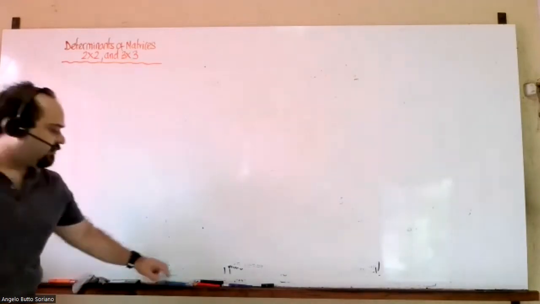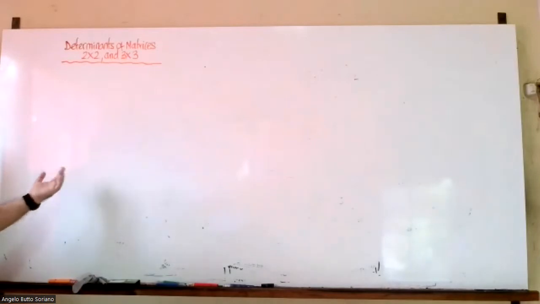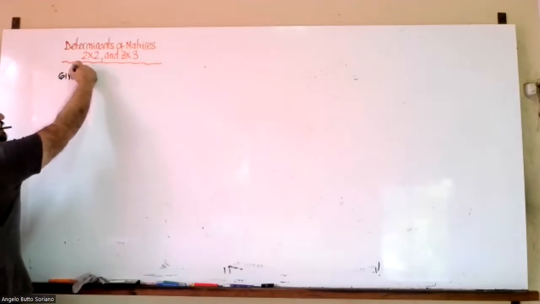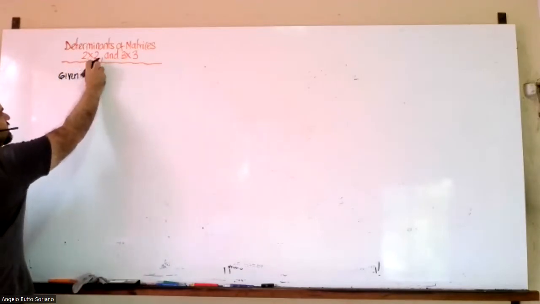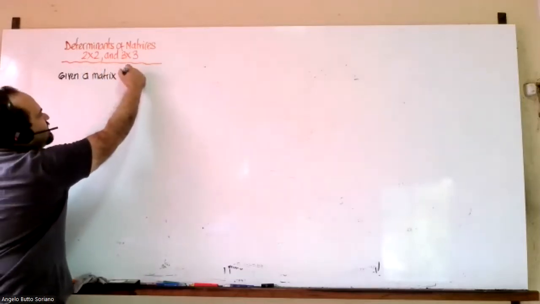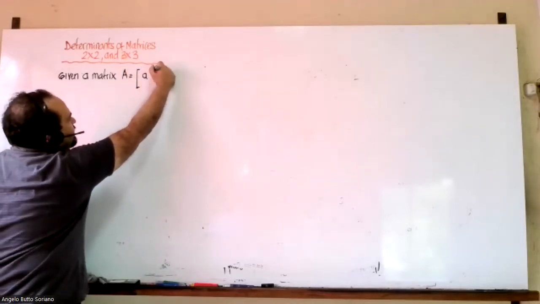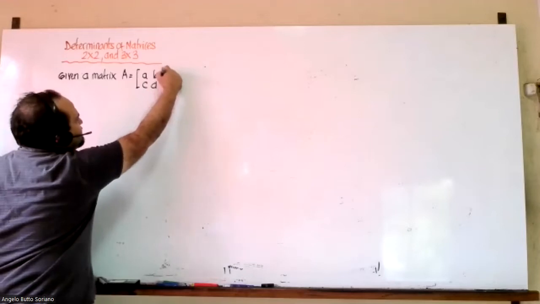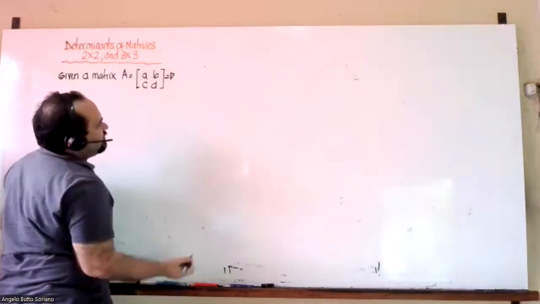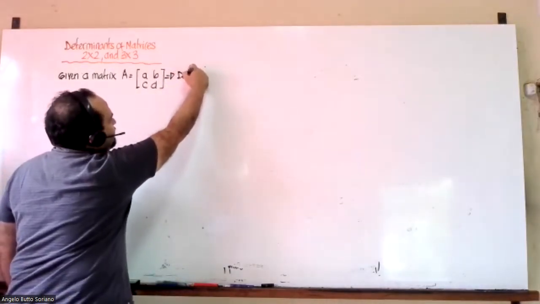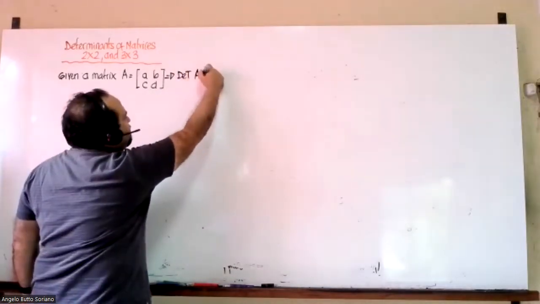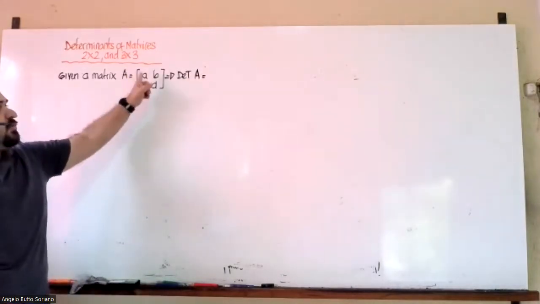Let's start with how to calculate the determinant of a 2 times 2 matrix. For example, given matrix A. Then the determinant of A, D, E, T, is the cross product and subtraction.